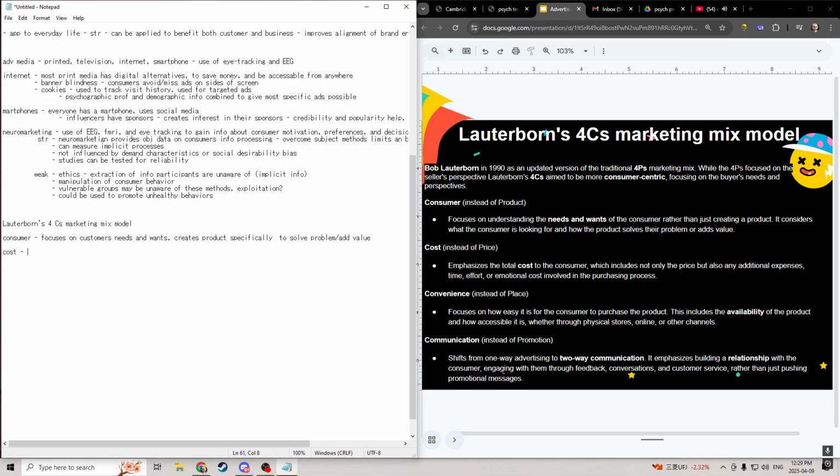Cost instead of price. This guy's a genius. Emphasizes the total cost to the consumer. He is actually kind of a genius. Okay, he means cost as in all potential costs, not just expense or price.